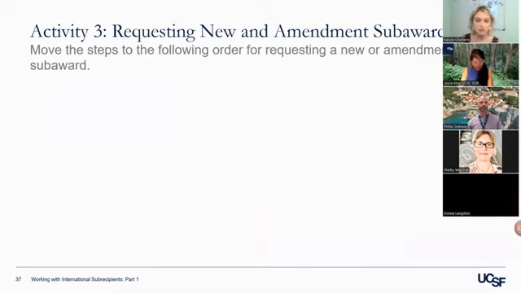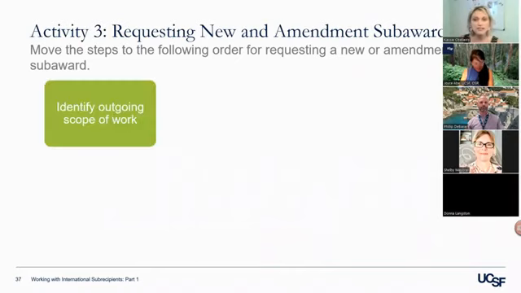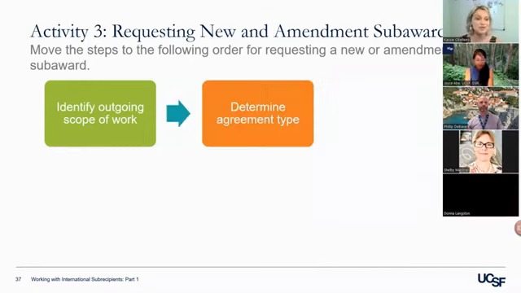The first step out of all of these steps that I included for you would be to identify that outgoing scope of work. We really, really need to know what the subrecipient will be doing before we can then determine the agreement type. So we identify what they're doing, and with some other things, there are other factors that go into it as well.